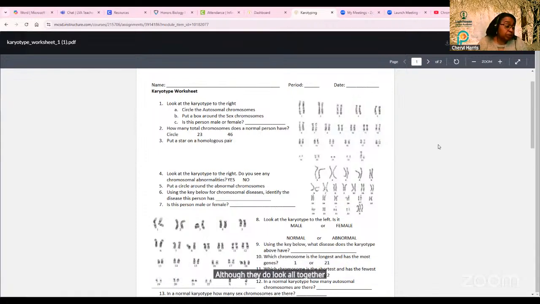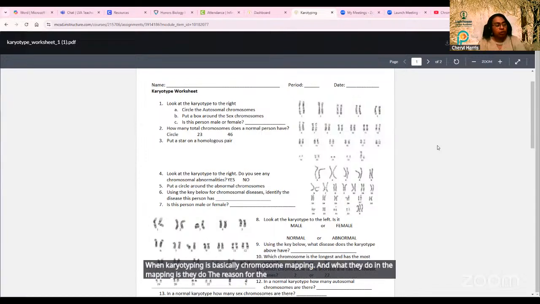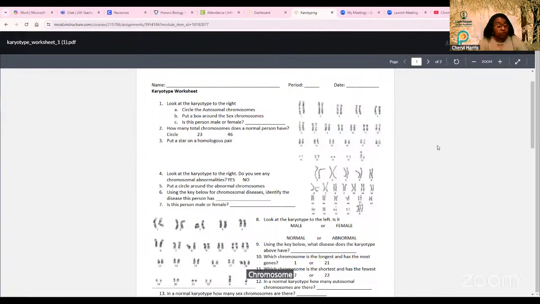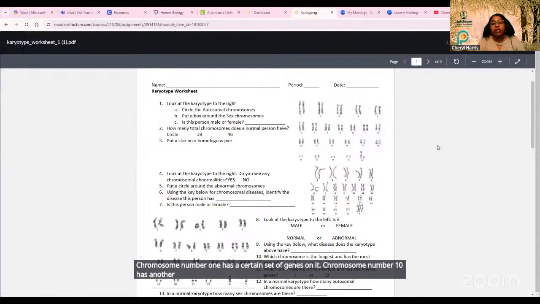Notice they number the chromosomes. Karyotyping is basically chromosome mapping, and the reason for the numbers is that they know that certain characteristics are found on certain chromosomes. So chromosome number 1 has a certain set of genes on it. Chromosome number 10 has another set of genes on it. So they map them.